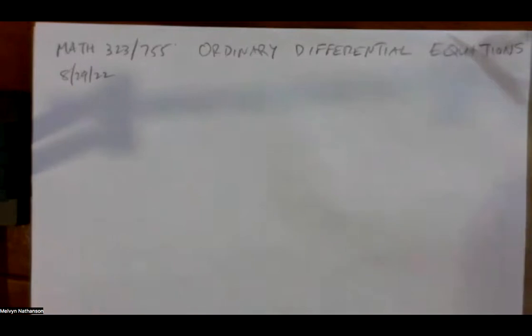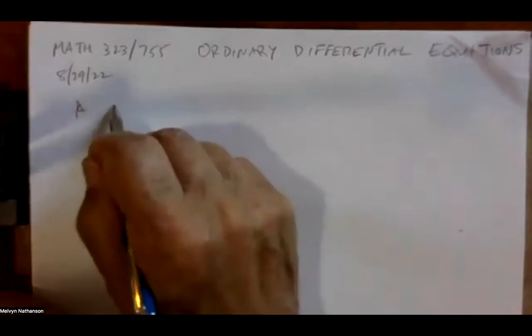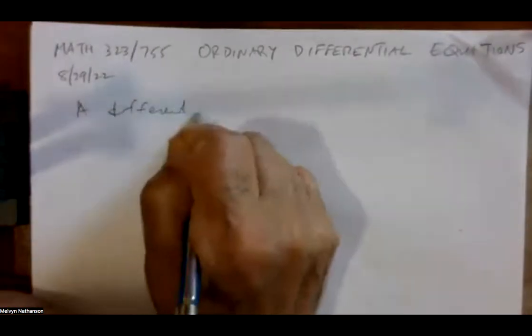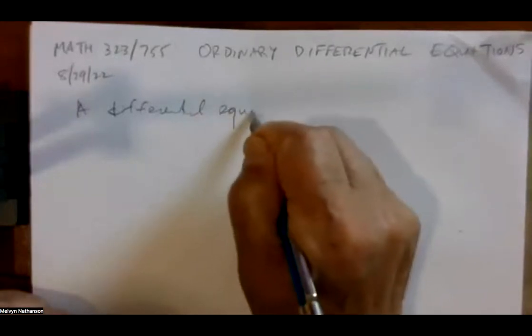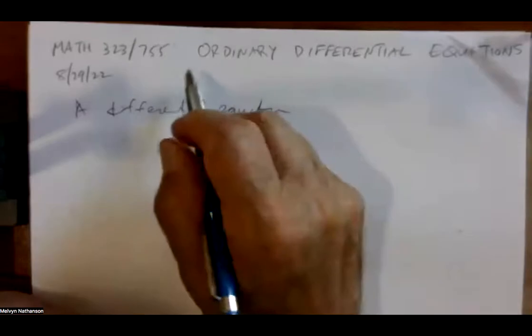The first question you might ask is, what is a differential equation? And what makes a differential equation ordinary? First of all, it's an equation where you have to solve for something. What's the usual kind of equation, or the first kinds of equations that you have to solve?